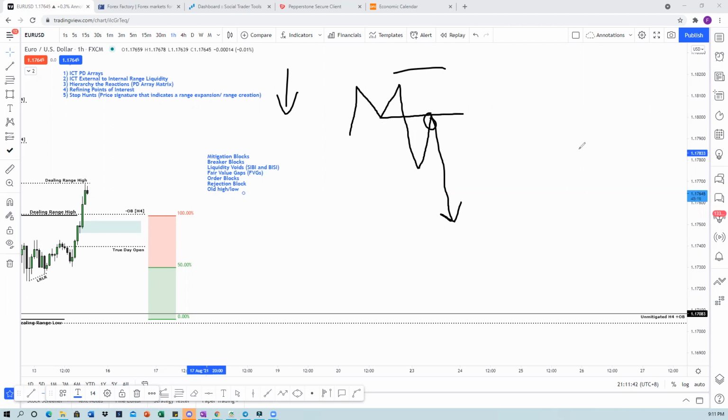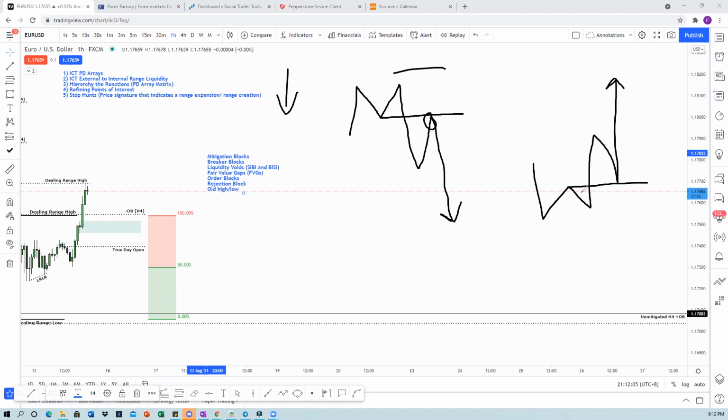When we look at a bullish example of an ICT mitigation block, it looks essentially the opposite. We have the low, higher low, and price breaks higher. So where's your entry? Your entry is somewhere here.